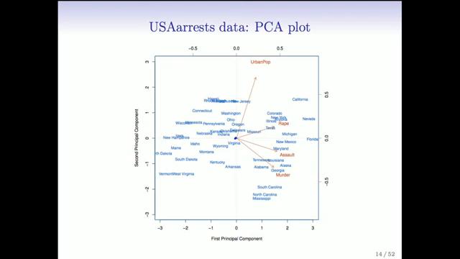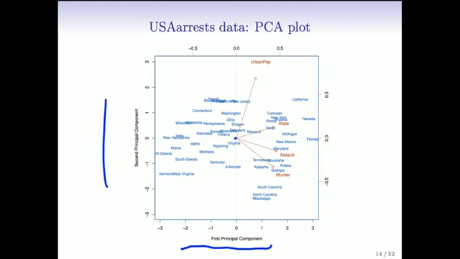And on the plot as well, what we see are the loading vectors. So this plot is the plot of the first principal component along the horizontal axis here, and the second principal component on the vertical axis. So we plot the first 2 principal components, which is fairly standard because those are the 2 most important ones.